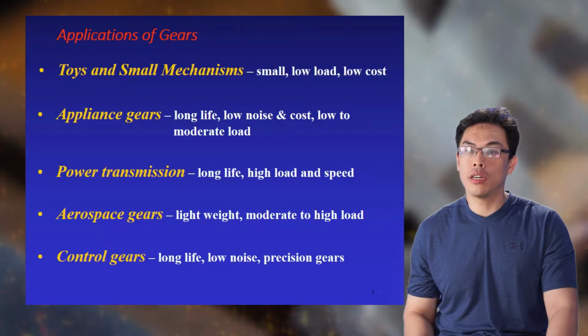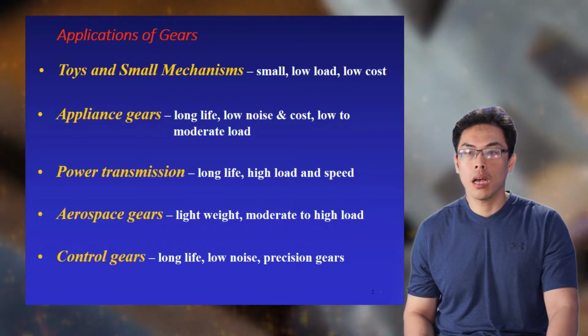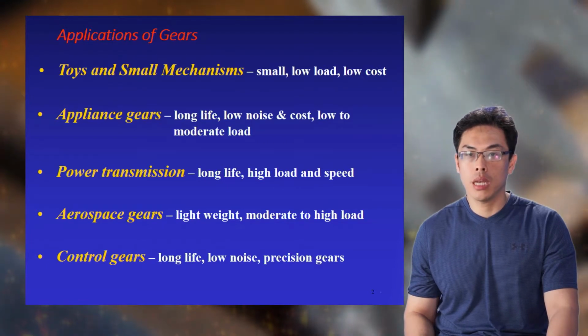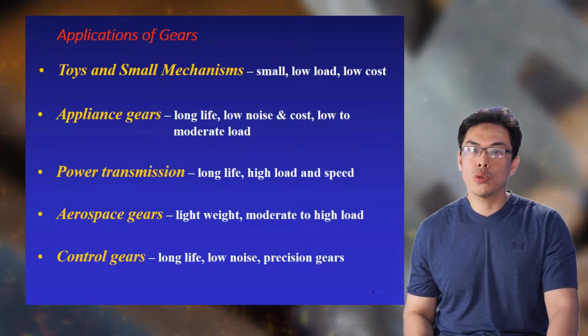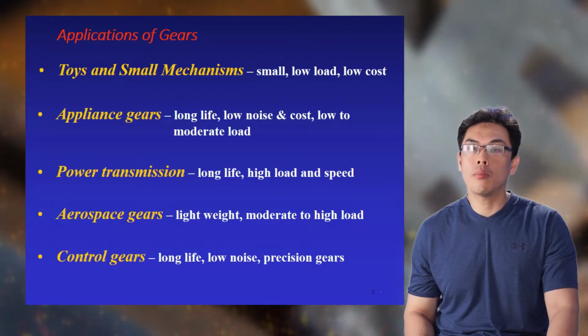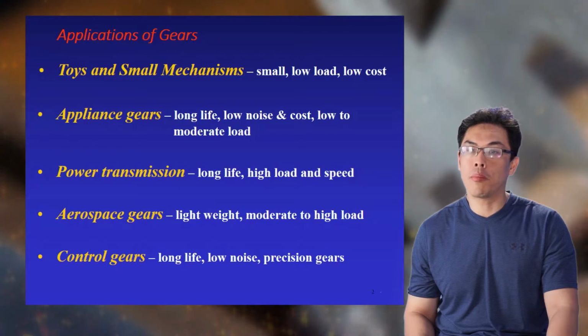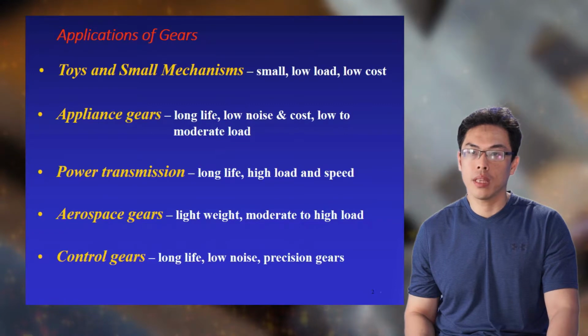Applications of gears include toys and small mechanisms, appliance gears, power transmission, space gears, and control gears. Due to plastic gears' relatively recent coming of age, many products in the marketplace still use steel gears.